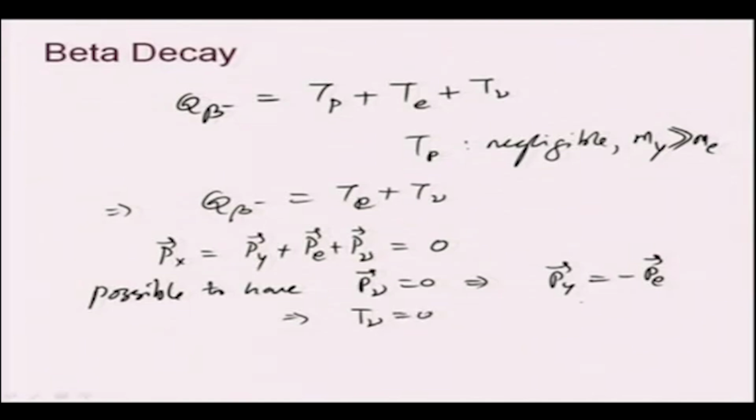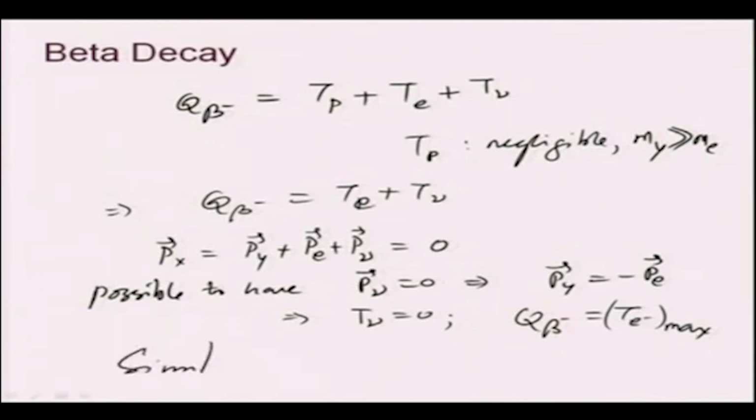Although P_y is large, the kinetic energy itself is small, because it is P_y squared divided by M_y, and M_y is very large. So, we have Q beta almost equal to T_e minus, that is the maximum value of this.